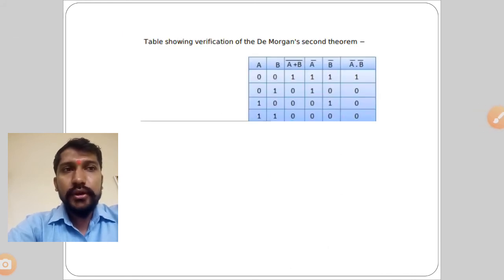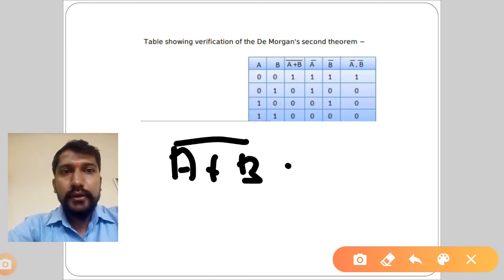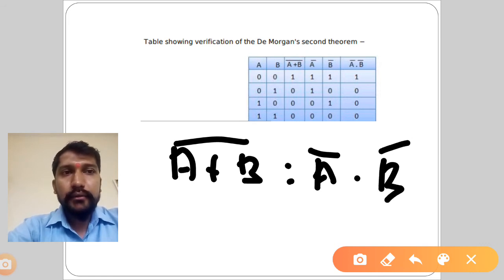Now let us move to the truth table and verify it again. The statement is A plus B bar is equal to A bar dot B bar.